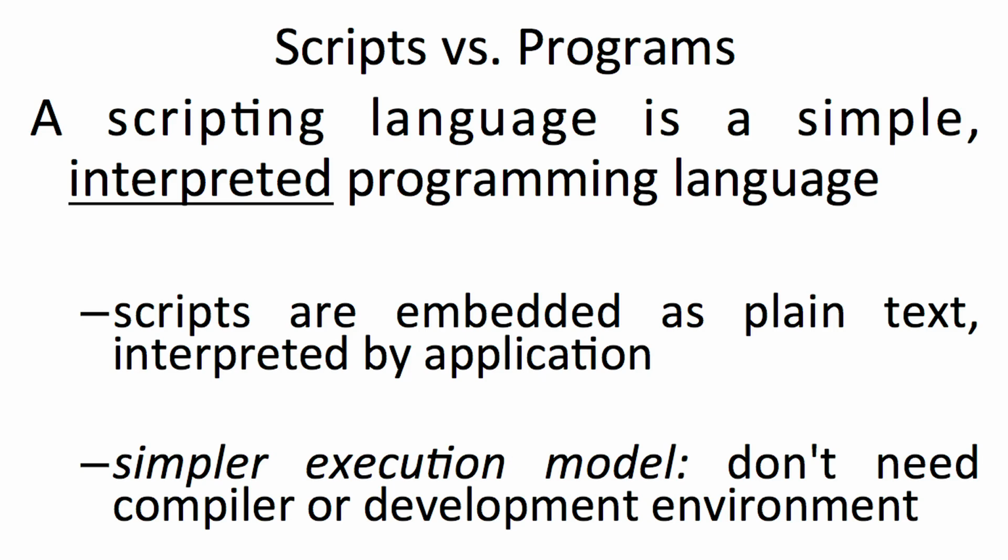Scripts are embedded as plain text and interpreted by the application. Scripts are embedded with HTML, and we can embed script with other programming languages like JSP. We can use within a single program JSP, Java servlet. So different types of programming we can combine within one program.